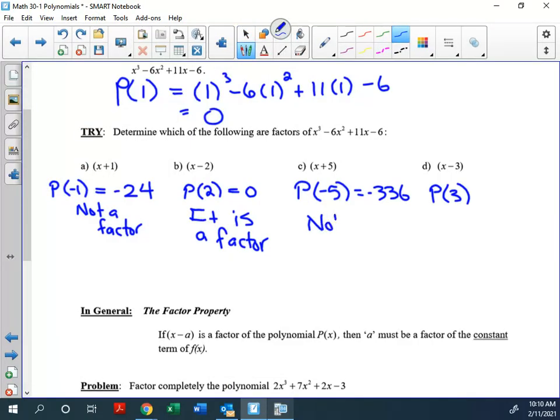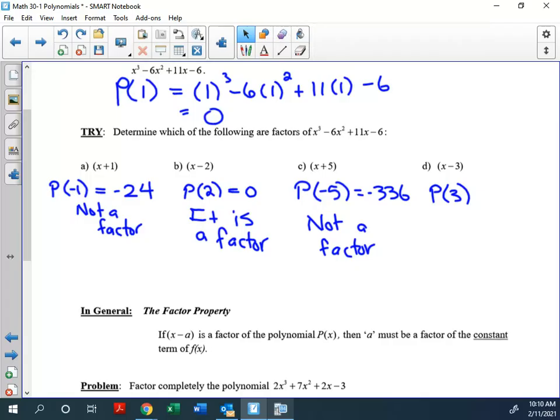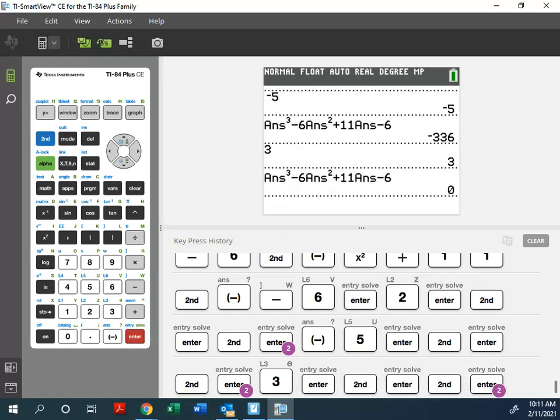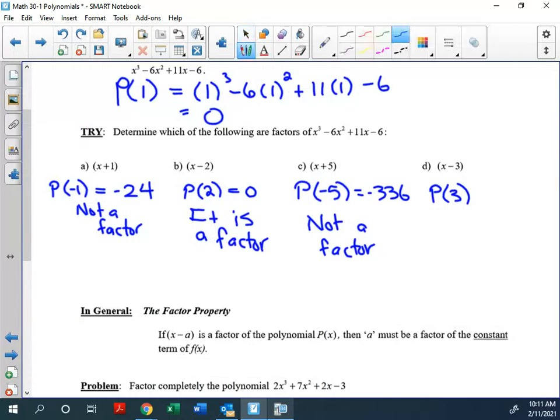So you are not a factor. One more time for 3. I get 0. You are a factor.